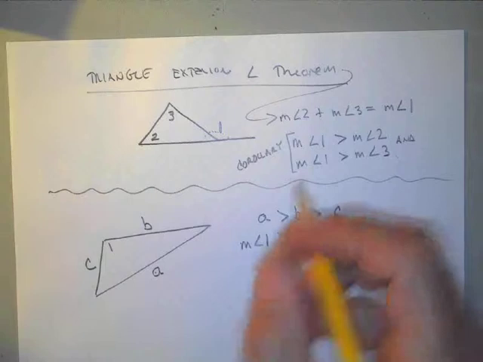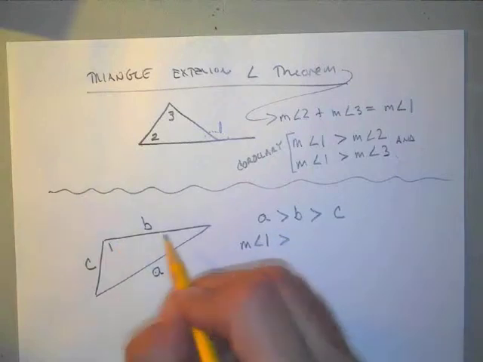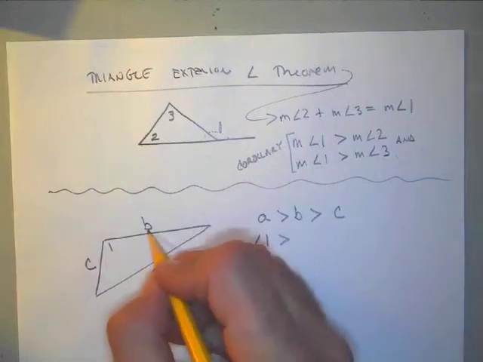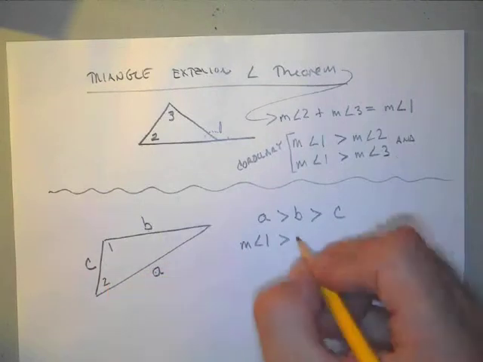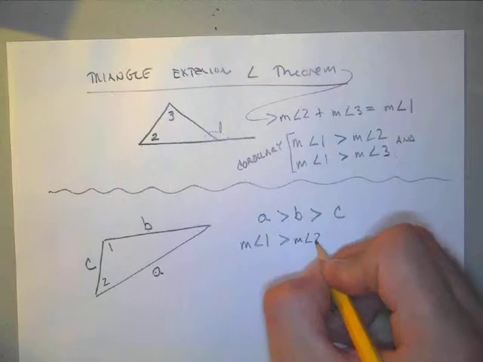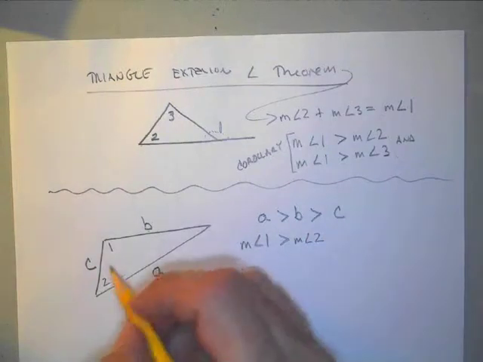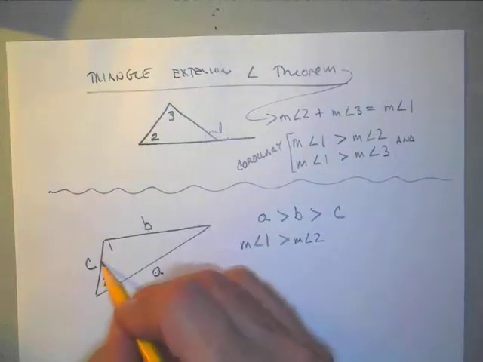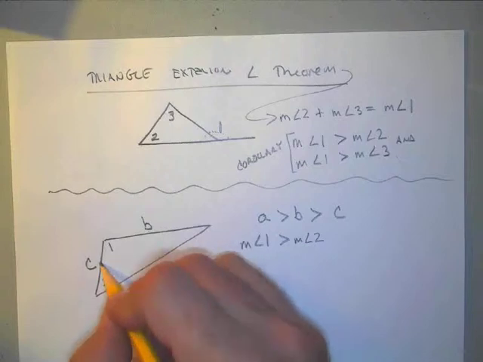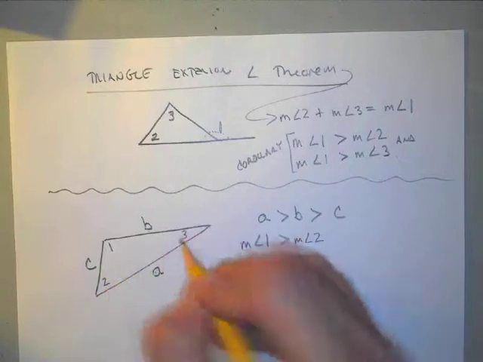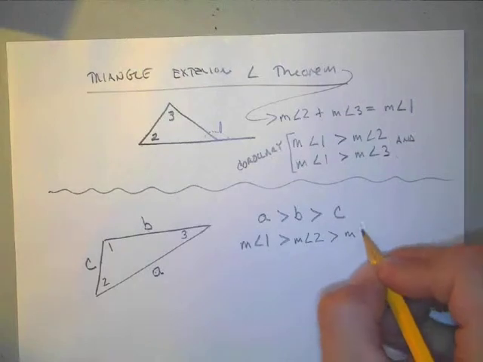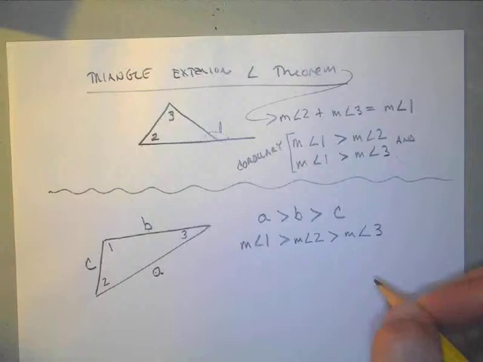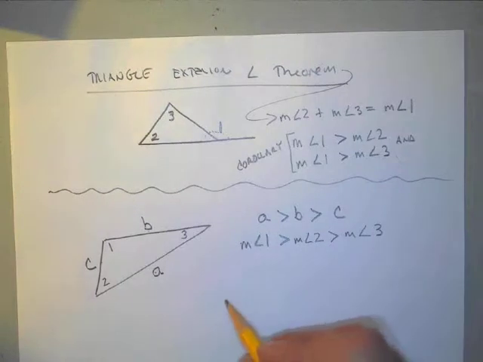And then you would find that the middle side, if you go opposite to its angle, is the middle-sized angle. And if you go to the smallest side and go opposite, then that would be the smallest angle. Pretty interesting.